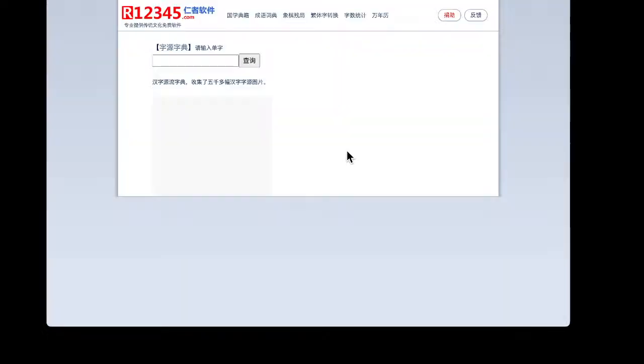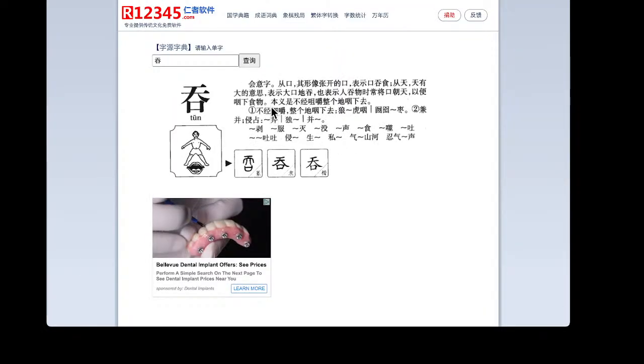Let's take a look at this character itself. So this one, you can see that of course 吞, it refers to an act of the mouth, right? So of course there's a mouth radical over there, and then on the top is the radical for heaven, for sky. Now sky has the meaning of big, like just big. So when you 吞, that means you have to make your mouth big and make your throat wide open, right?